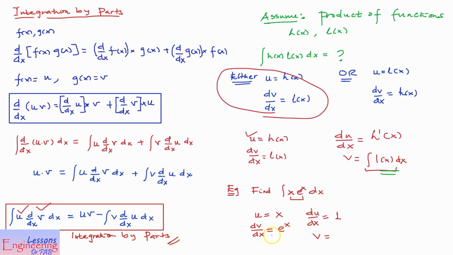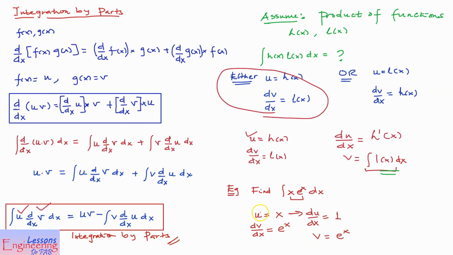So we know that the derivative of e raised to x is e raised to x itself. Okay, so if I put e raised to x here, dv by dx is going to be e raised to x. In other words, find a function that when you differentiate it will give you that expression.